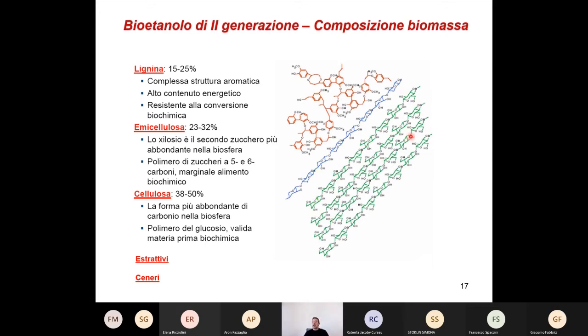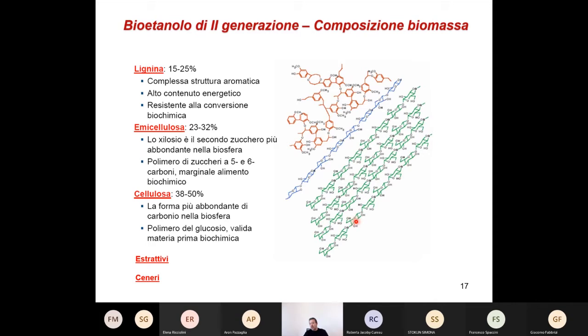If you zoom in on one cellulose filament, or one cellulose polymer, you see that cellulose is a very long sugar chain, in particular of glucose. So each of these molecules is a glucose simple sugar.